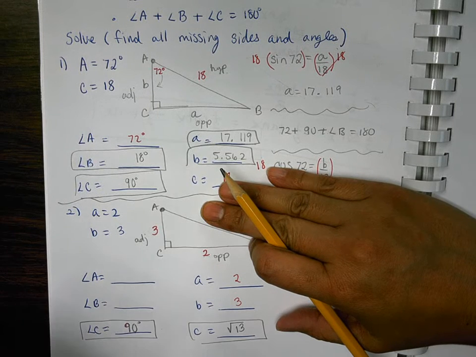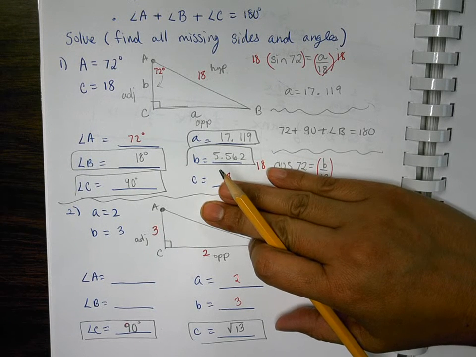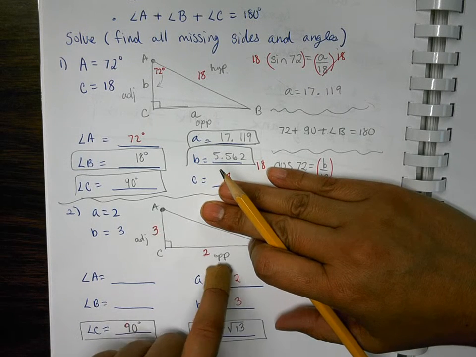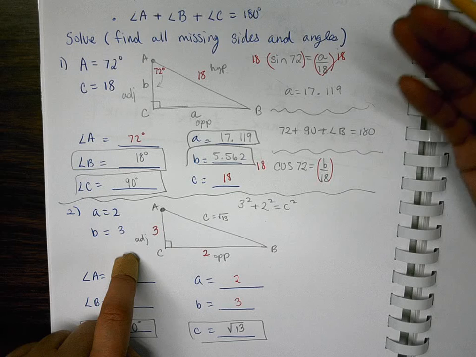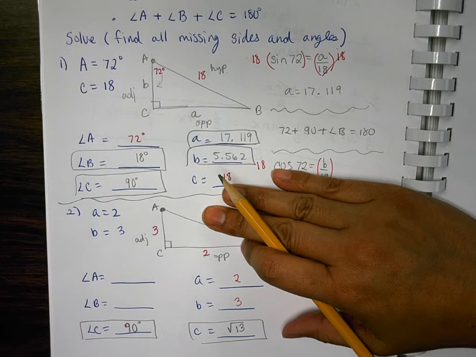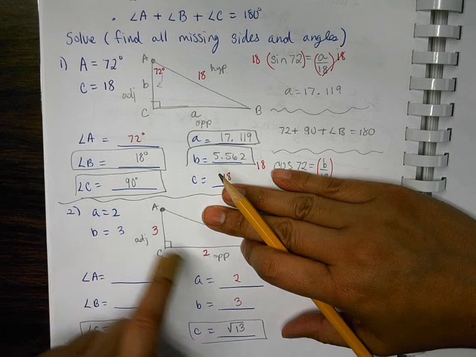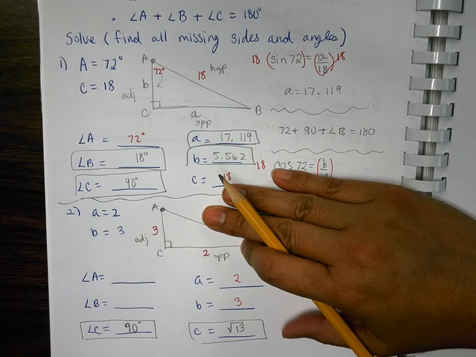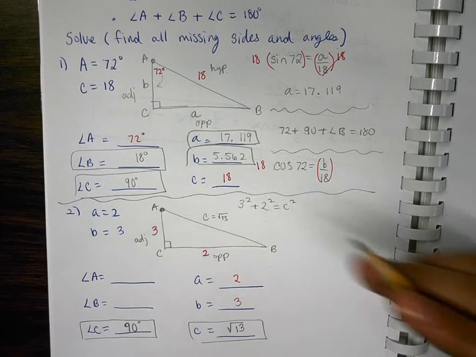Which SOHCAHTOA, which one is opposite over adjacent? Tangent? So, Justin, you were saying earlier, how do you know which one to use? That's how you know, because that's opposite, that's adjacent. Technically, we have the hypotenuse, but I'd rather not use it. So you use what is given. Yes, you look at what's given, you label them, and then you decide, oh, opposite, adjacent, that's tangent.